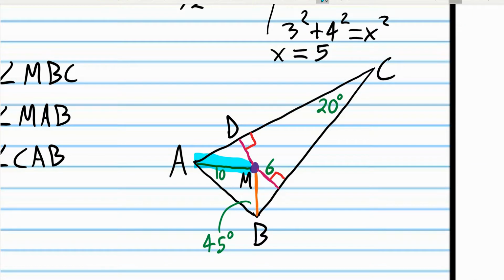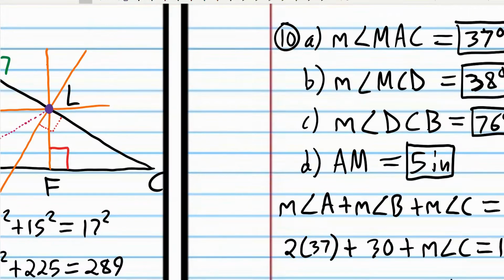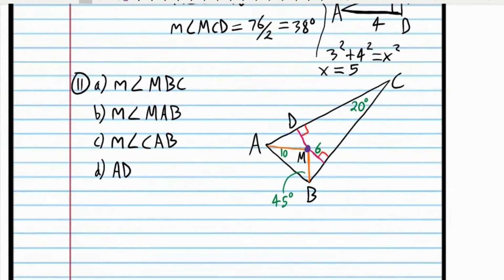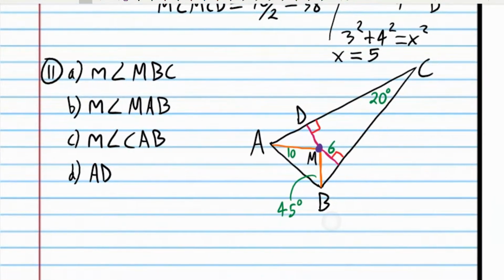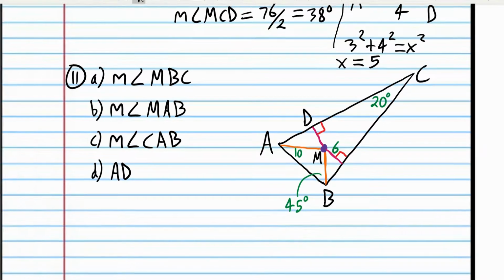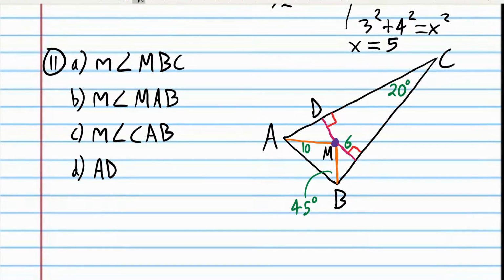They have to be angle bisectors because they extend from the corners of the triangle to the incenter. So by definition, they must be, or not necessarily definition, but we can prove. I'm not going to make you prove, but we can prove that those are angle bisectors. So go ahead and try number 11, and when you come back, we'll do it together.